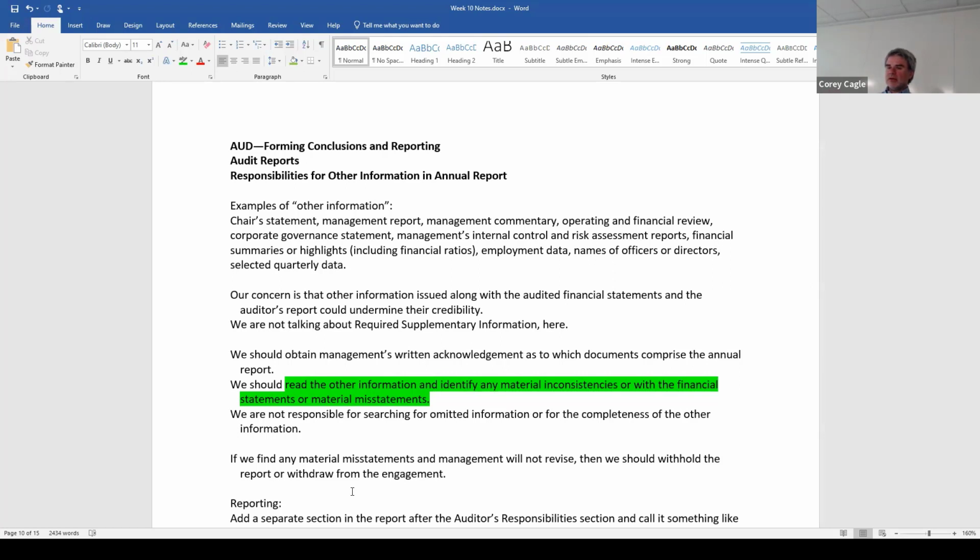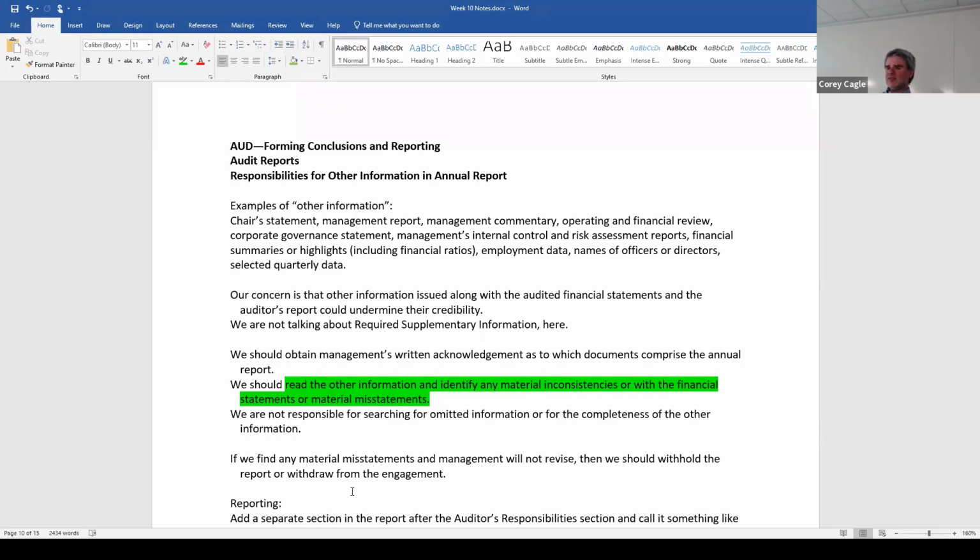We'll get a written acknowledgement from management to say what documents are in the annual report. We have to read through them, make sure they're consistent or not materially misstated. We are not responsible for searching for any omitted information, and we're not responsible for completeness of it. We're just looking for inconsistencies.